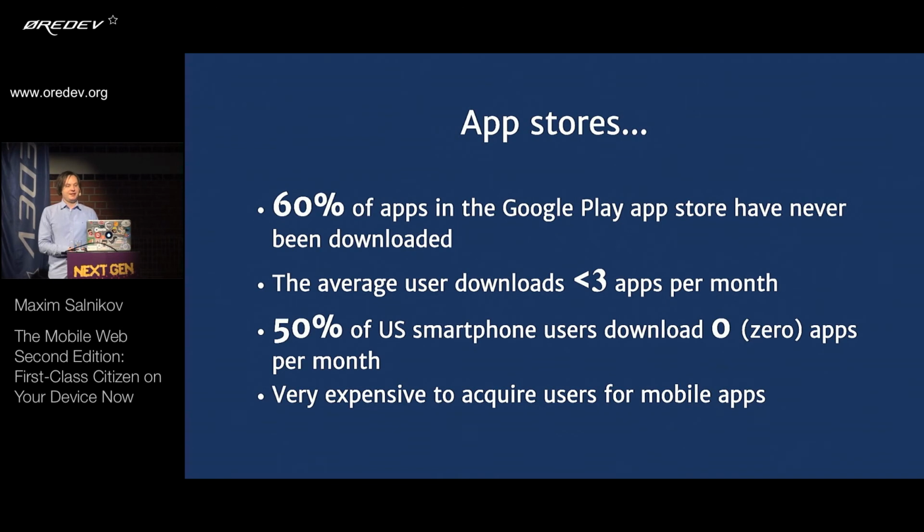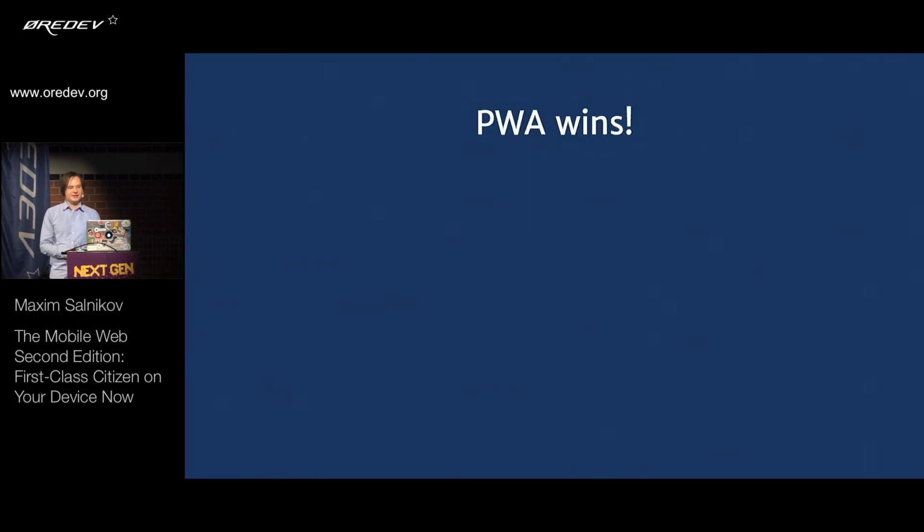Progressive web apps definitely win in this area. First, easy to find. Basically, this is a web application. Type your keyword, and the app is there. Really interesting that Microsoft plans to go even further here.